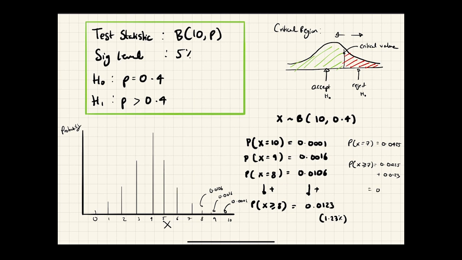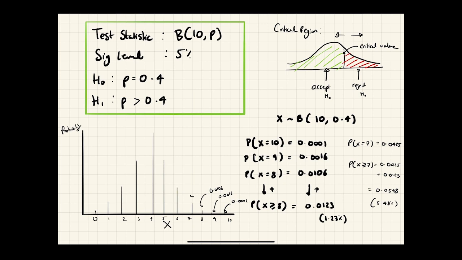So what does that equal? 0.0548. Okay, now I've got that. And what does that equal to? That's 5.48%. Now, 5.48% is actually more than my significance level.